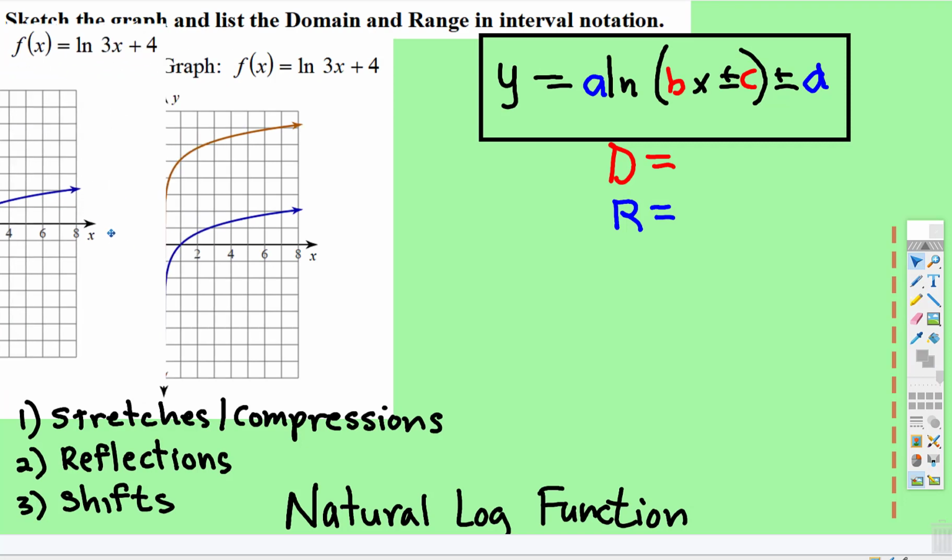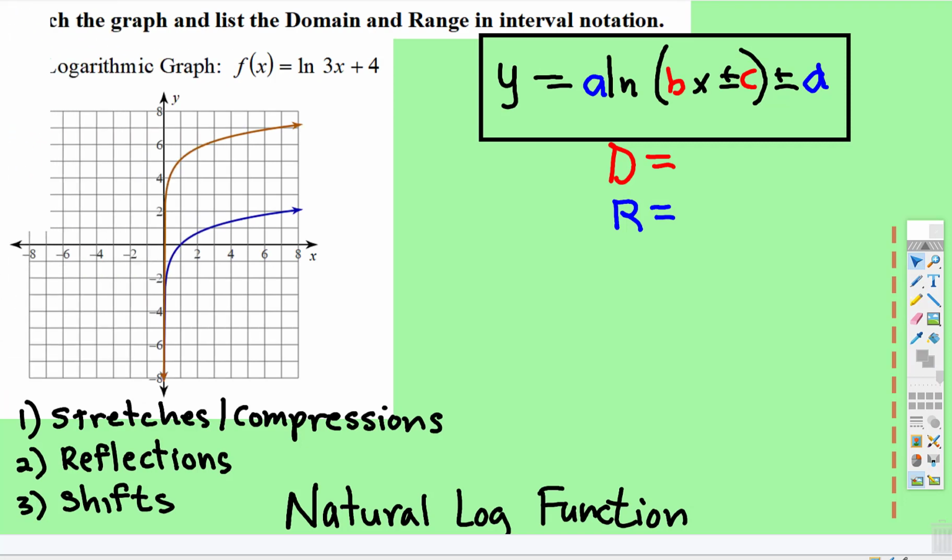Okay, so let's see what that would look like. The stretch got applied first, and then everything got moved up 4. For domain and range, remember logs are the inverse of exponentials, and for exponentials, the domain is negative infinity to positive infinity.